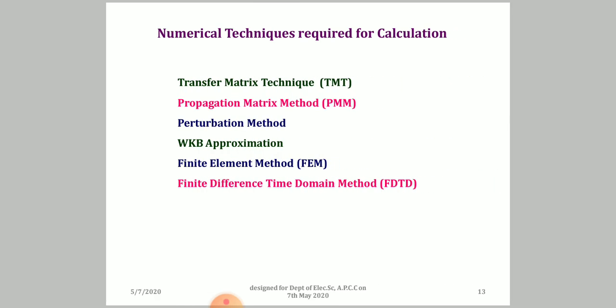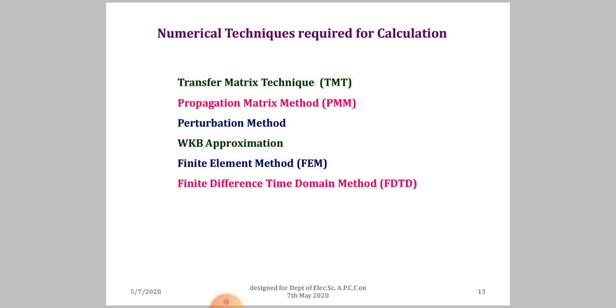Once these three are combined, our analytical techniques will no longer be applicable. So what techniques will be applicable? I am listing the top 6: transfer matrix technique TMT, propagation matrix method PMM, perturbation, WKB, variational, and FEM and FDTD.